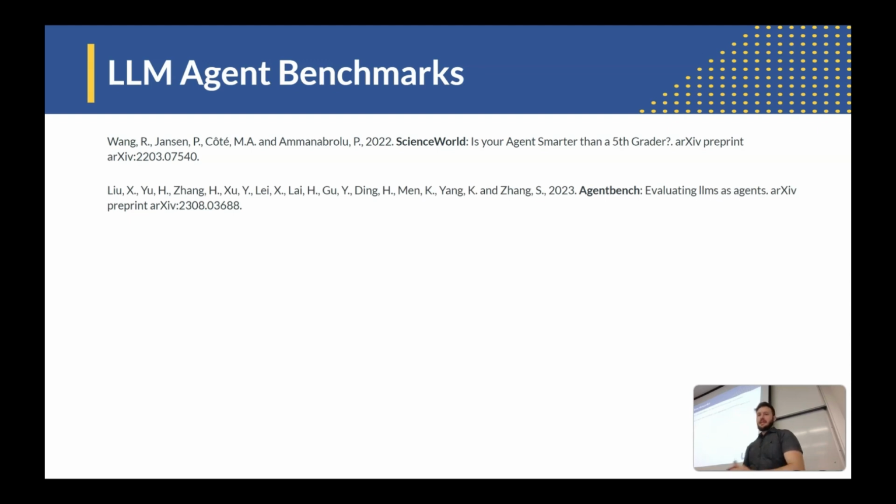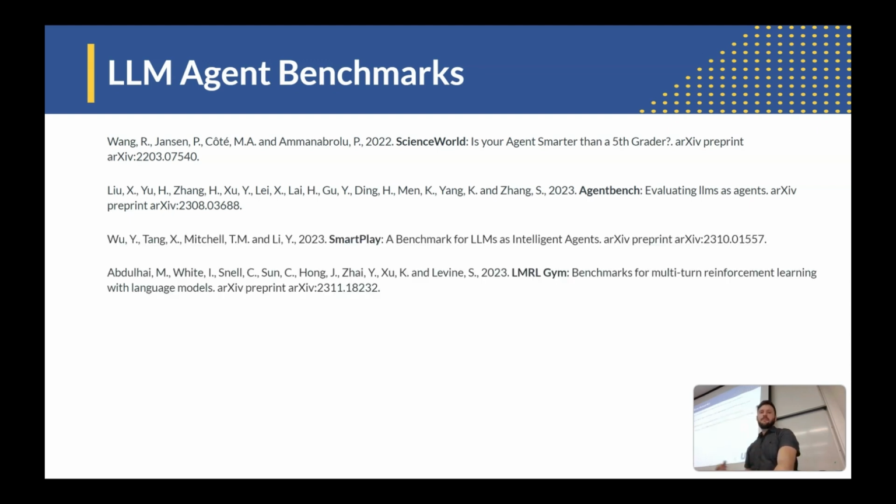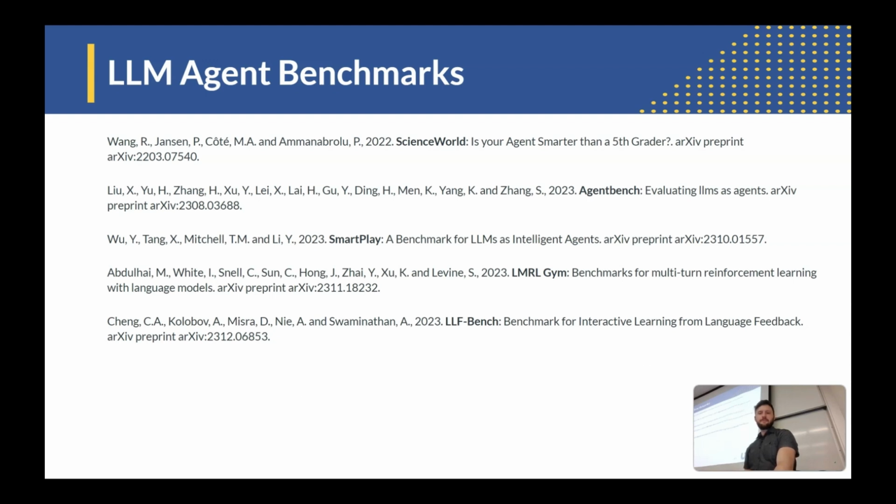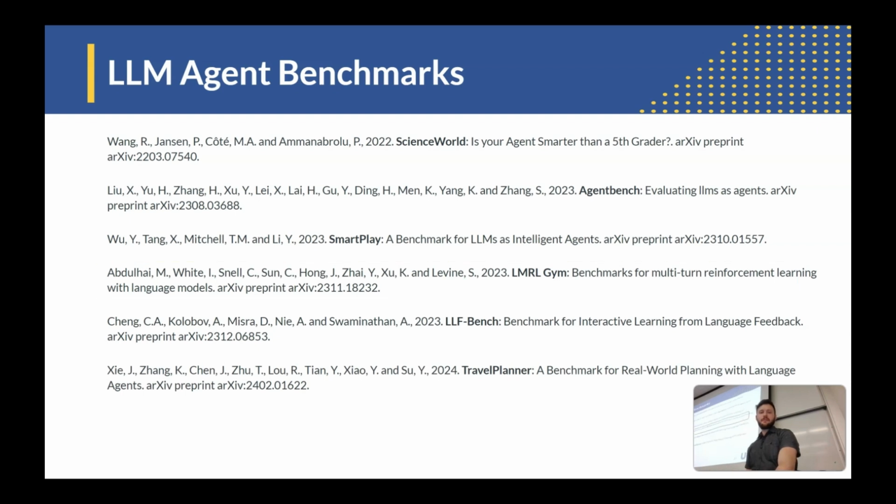AgentBench has text games, card games, database and executing, following instructions, interacting with a Linux terminal, all sorts of stuff, measuring language models' ability to do these multi-turn tasks. SmartPlay, LMRL Gym, LLF Bench, which provides natural language feedback instead of scalar feedback, Travel Planner.